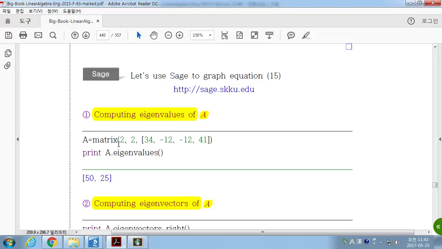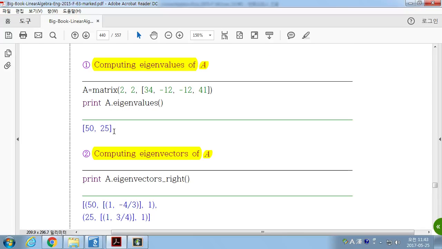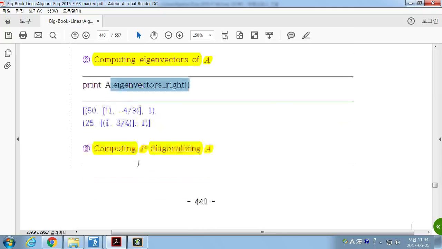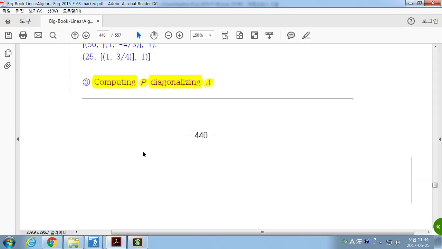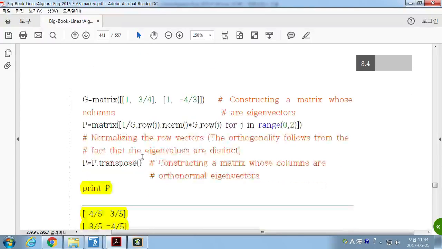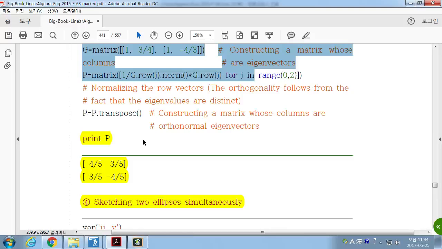You have a code here. So you have a matrix. You can easily find the matrix, and you can find the eigenvalues easily. Okay? You can find the eigenvectors, and you can normalize these eigenvectors. Then you can use the Gram-Schmidt orthonormalization process on those two linearly independent orthogonal vectors.